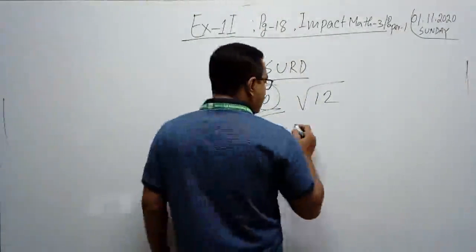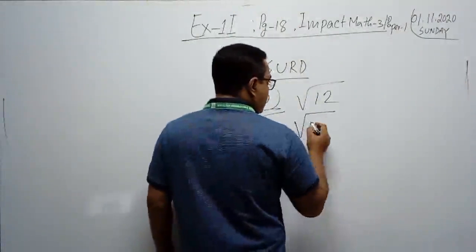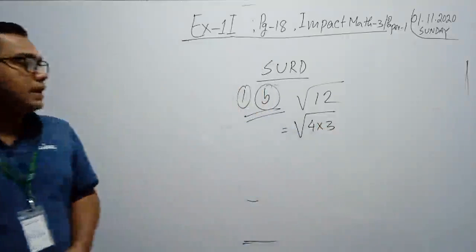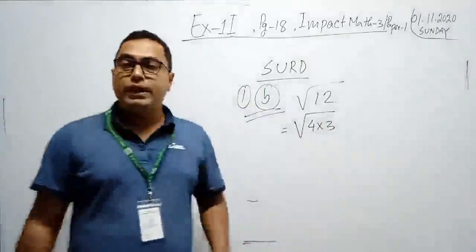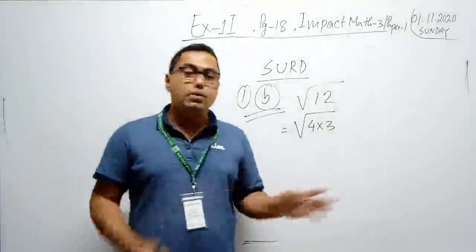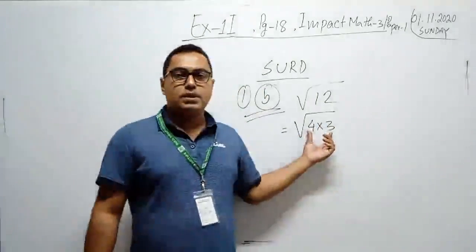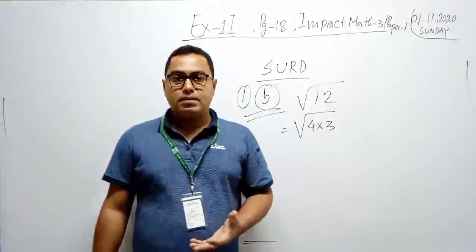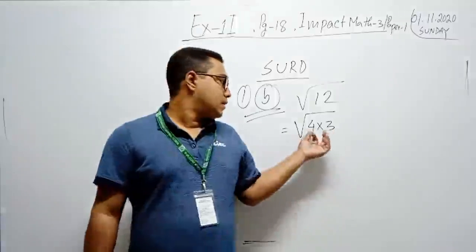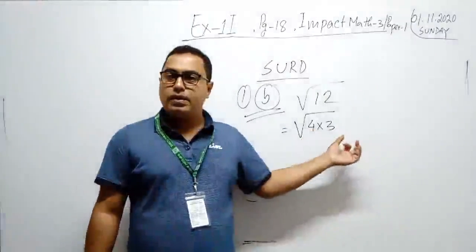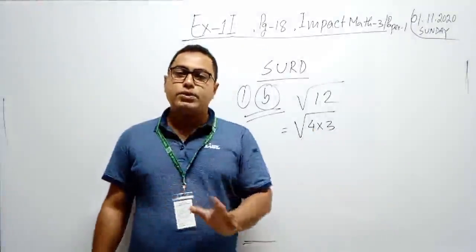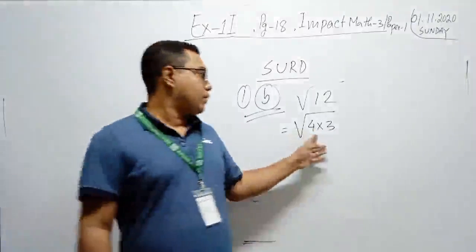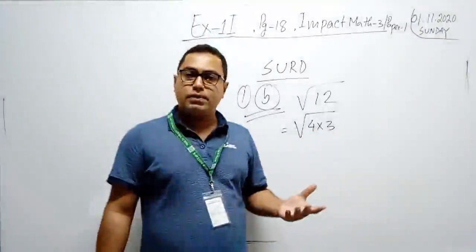Now, suppose square root of 4 into 3. So, how do we divide it? We could write 2 into 6, but here I wrote 4 into 3. 2 into 6 is also 12, and 4 into 3 is also 12.